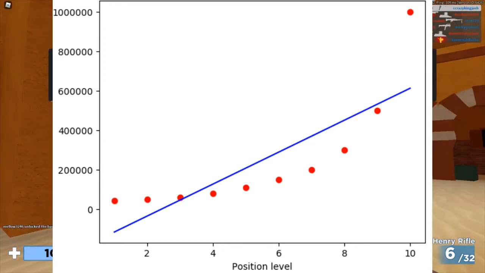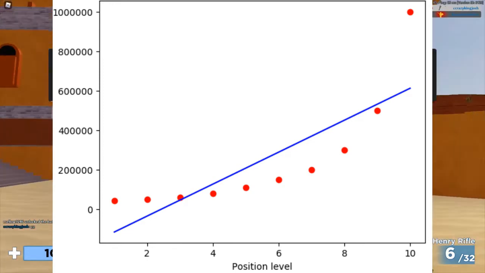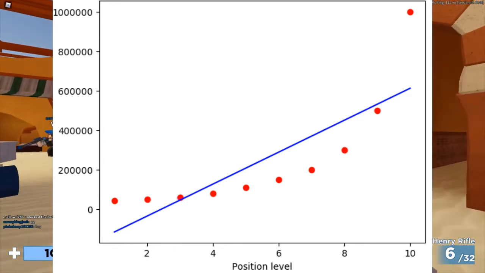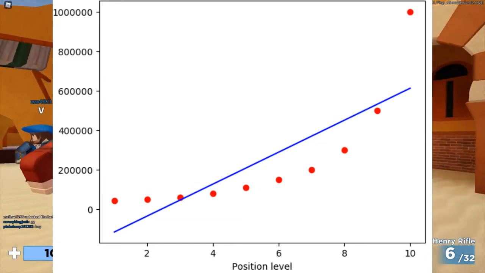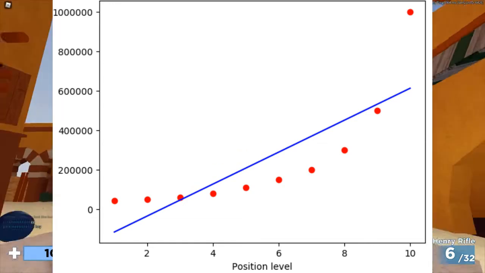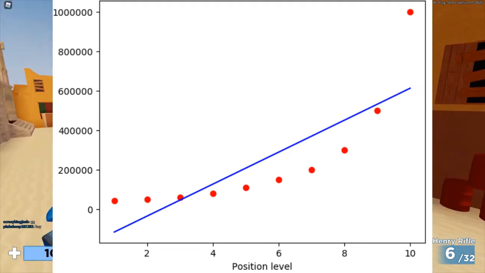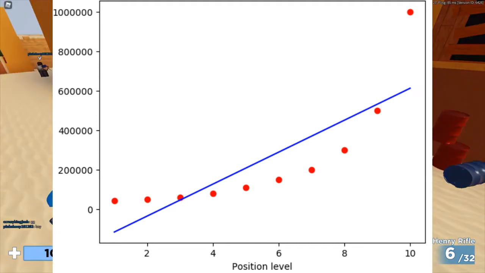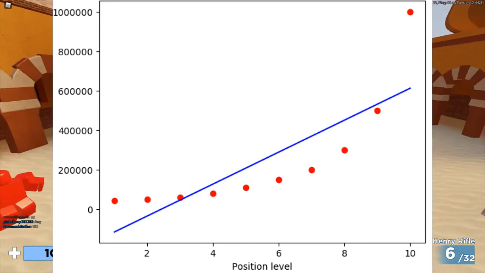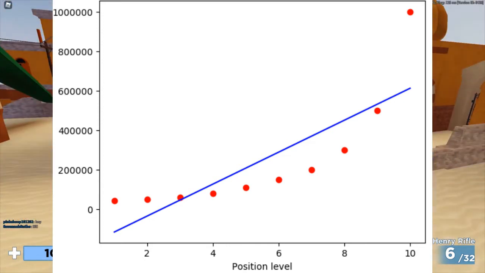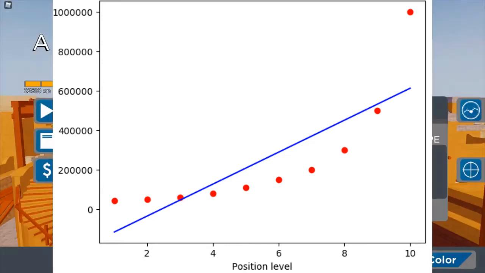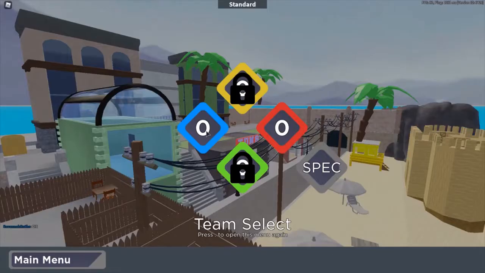At first it doesn't really go up, but as the ranks go up, it exceeds magnificently. You can't really show this with the regression line. If we were to make a prediction, like at job 1 or job 2, what would be the value? It'd be completely off.